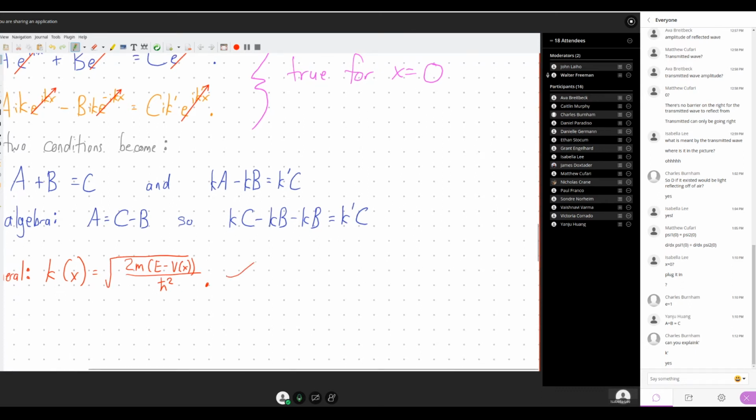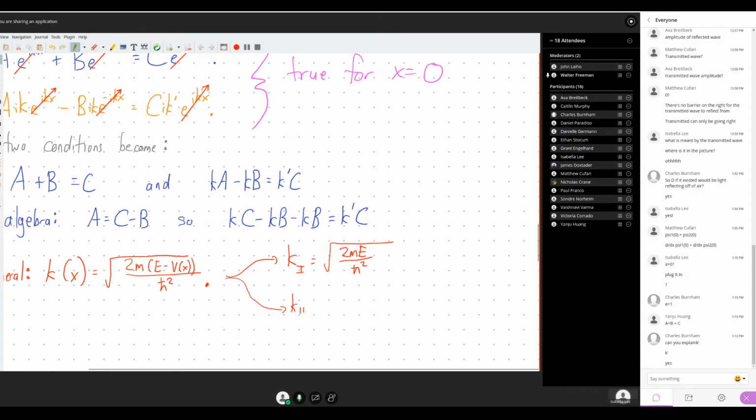So what this means is that K for x less than 0, we'll write it this way, K1. So V is 0 there, right? So this is just the square root of 2mE over h bar squared.